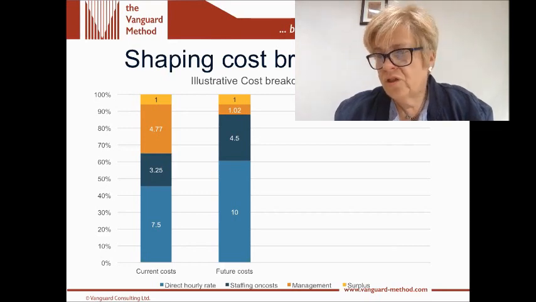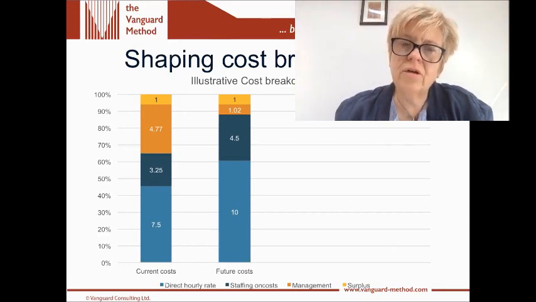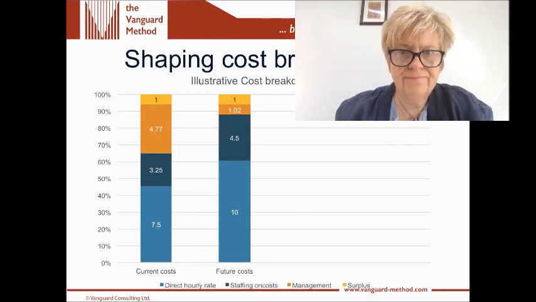And again, when you study on the university course in Czech, we spent a whole segment on system economics and understanding system economics, because it is important to do that as a before and after.